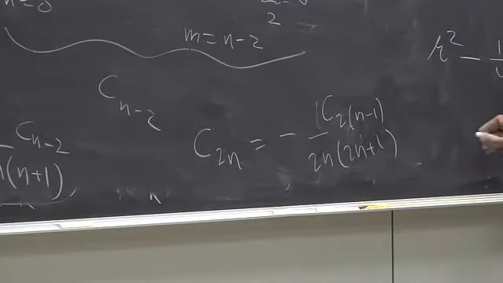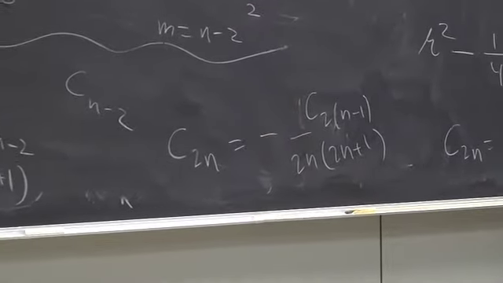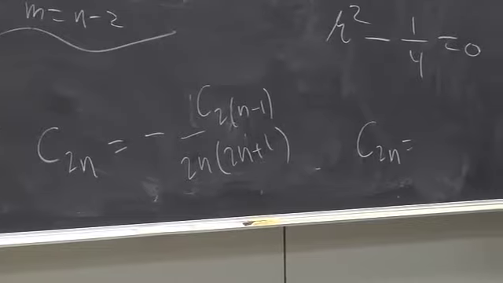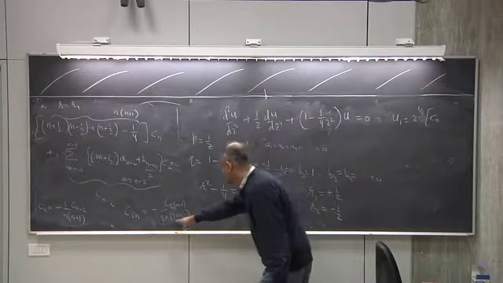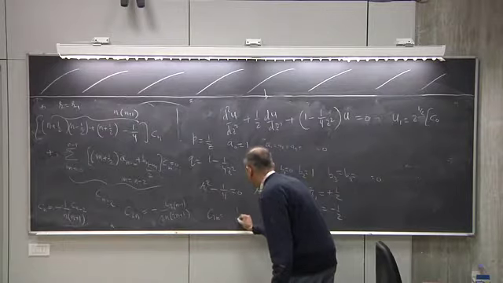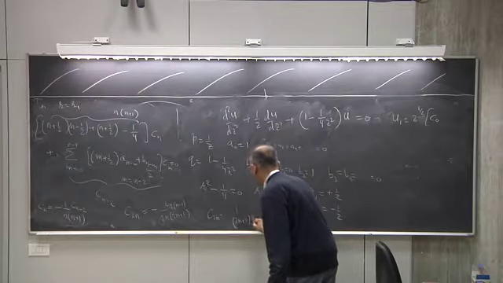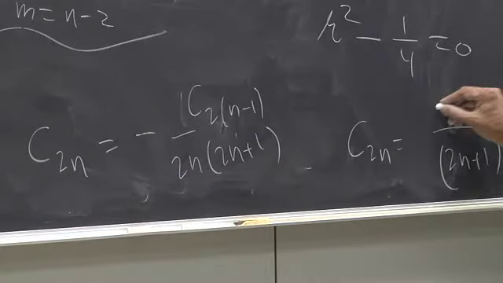So immediately you can see the relation. C_{2n} is simply, what is it, factorial, right? So factorial (2n plus 1), and there is an alternating minus sign, so it's minus 1 to the n, C0.